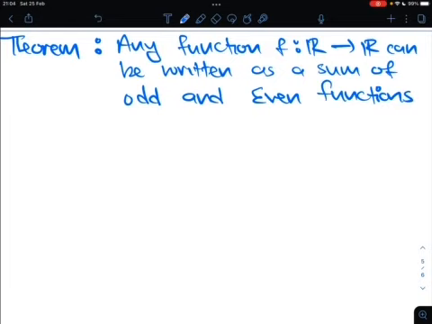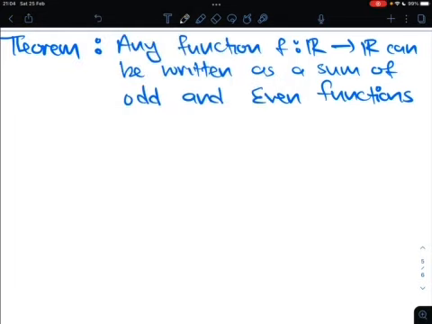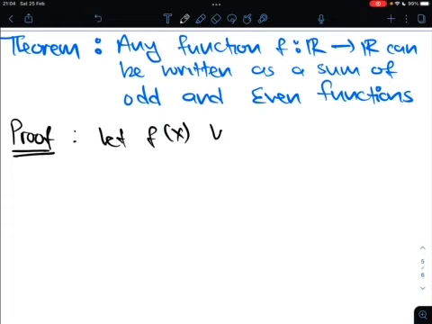So one of the things that you should know is that any function f which takes real numbers to real numbers can be written as a sum of odd and even functions. But how do we do that? How do we prove this result? Let f of x be any function.